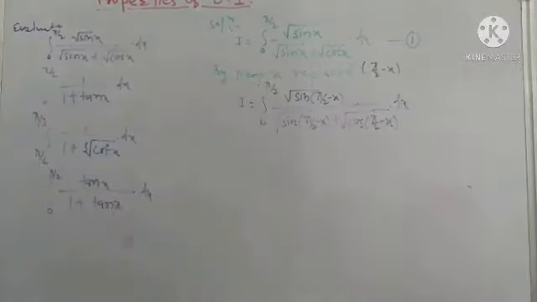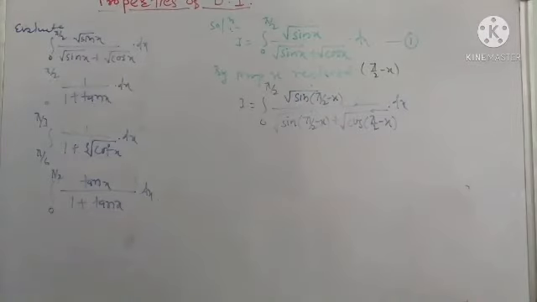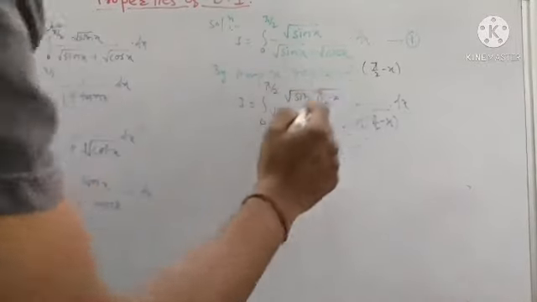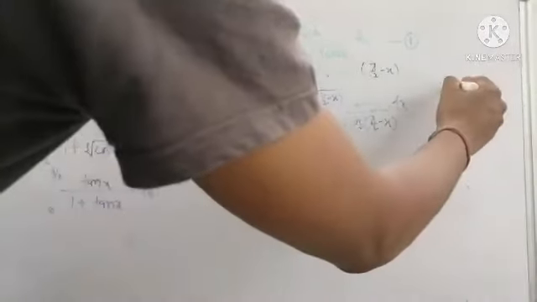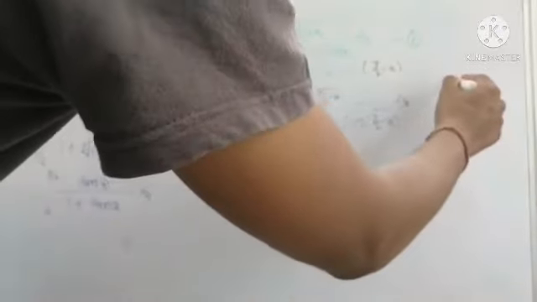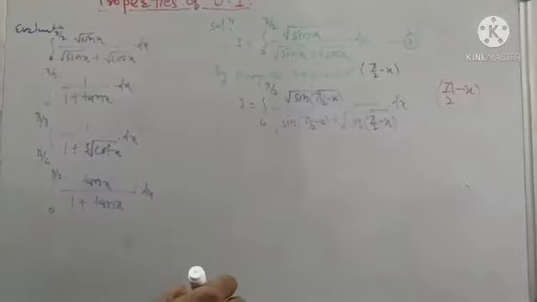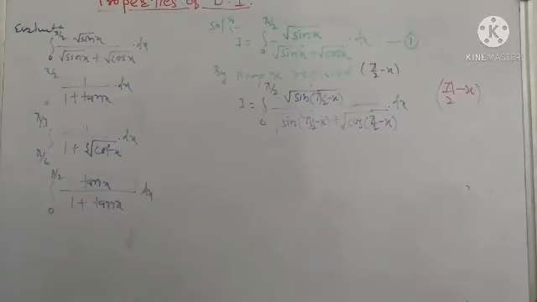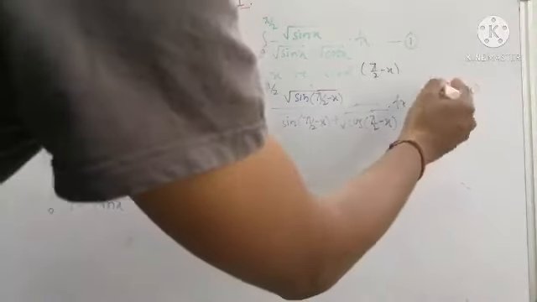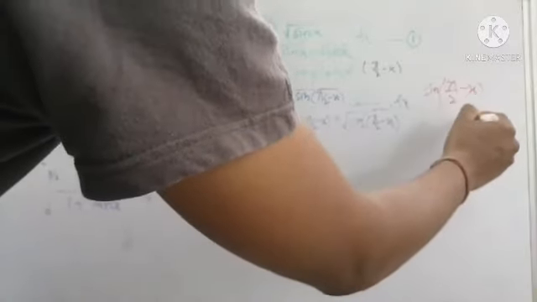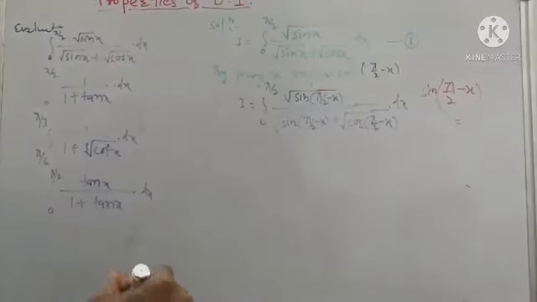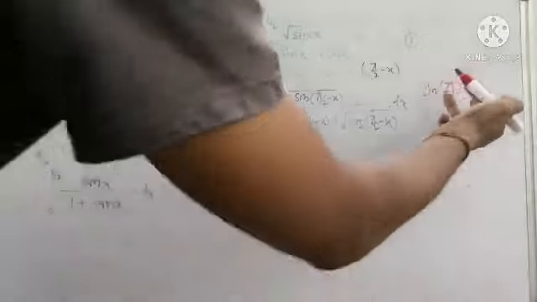Now here we take algebraic simplification. Actually algebraic simplification is nothing but using the formulas of algebra. As you can observe here, the angle is in the form of pi by 2 minus x, which is an allied angle, as this is an angle of the first quadrant. So we know the trigonometric ratio of this angle: the sine ratio changes to the cos ratio with its allied angle x.